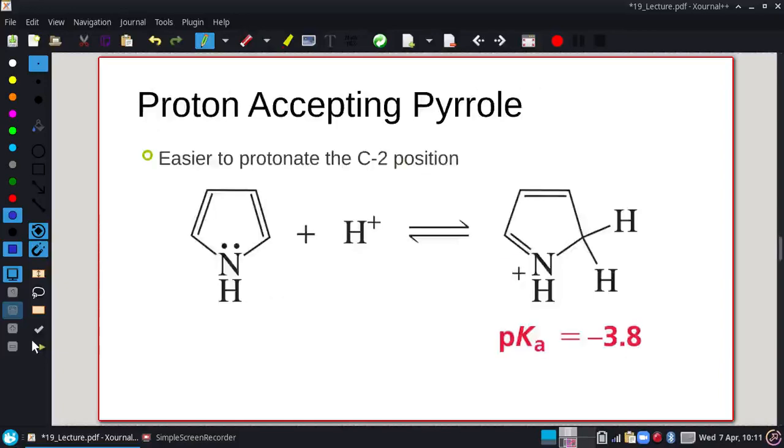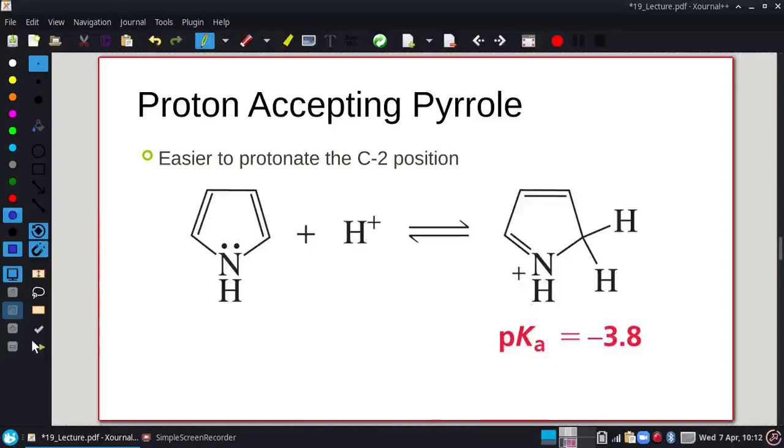All right, now here is something interesting. It's unique to pyrrole, and it has a lot to do with the fact that in the typical amine, the lone electrons are where the H goes. But on pyrrole, if I were to take that away, we lose that aromatic property. What we see happens instead, we do lose the aromatic property, but it's actually easier to attach that H to the 2 position.